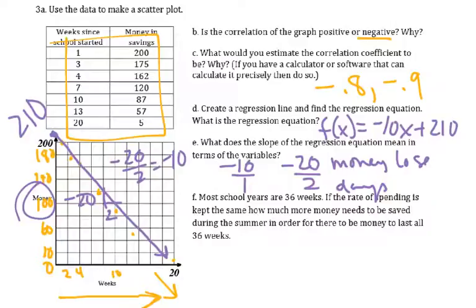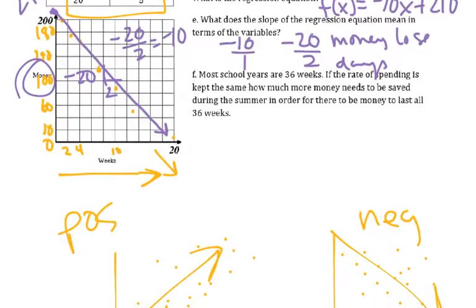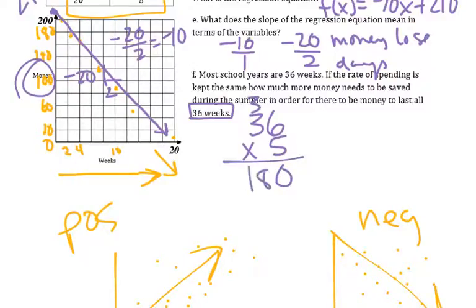Okay, most school years are 36 weeks. If the rate of spending is kept the same, how much money needs to be saved during the summer in order for there to be money to last 36 weeks? Well, 36 weeks, each week has 5 days in it, right? So how many days are we talking about? 5 times 36 would be 180.